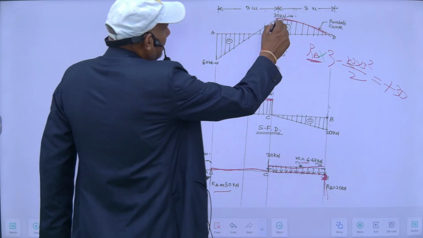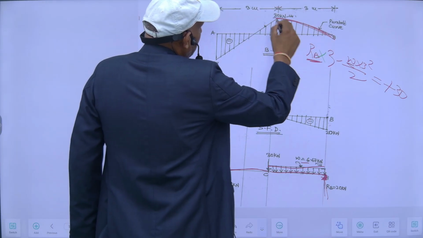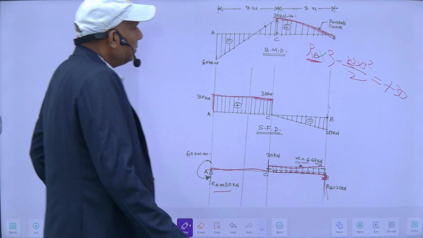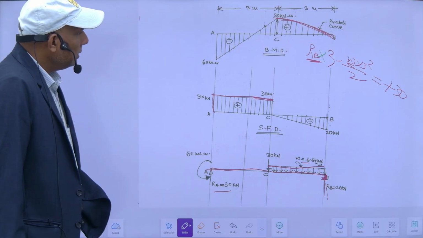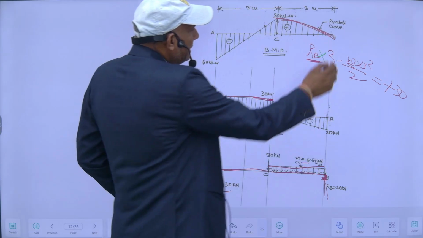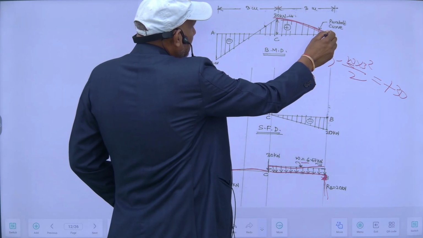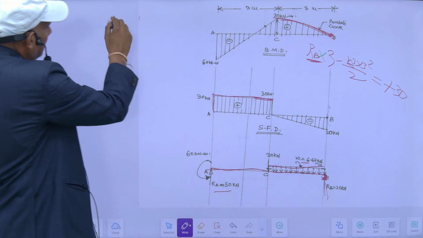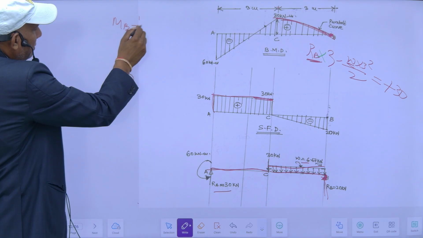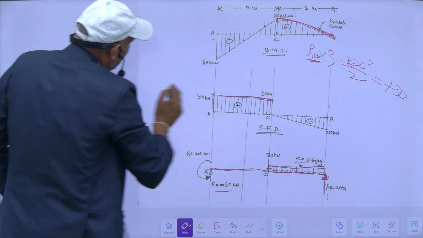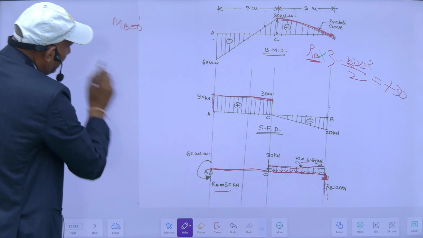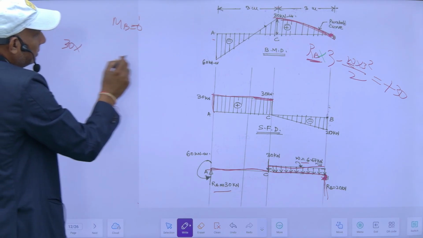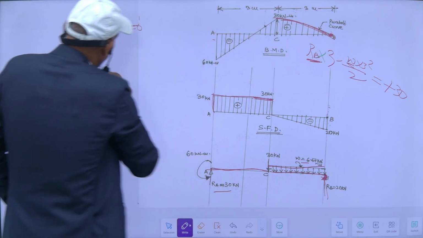This is a parabolic equation. Suppose I take moment at B, the bending moment at B is equal to 0. From this side, it will be Ra, this is 30, into this much distance, it is 6.